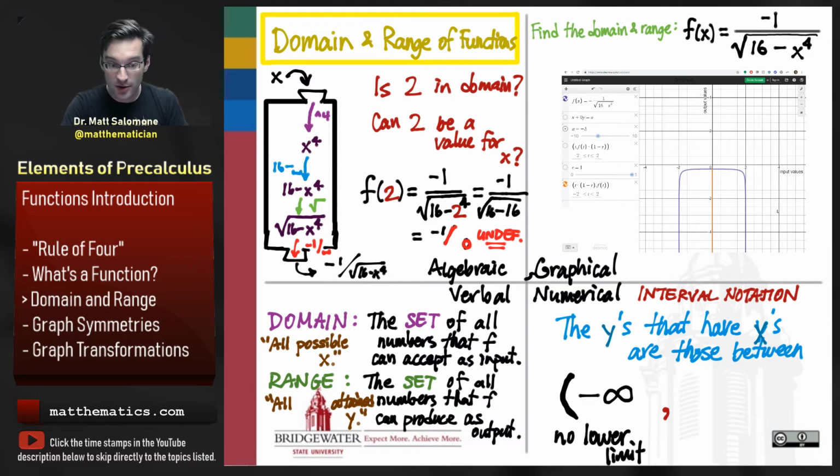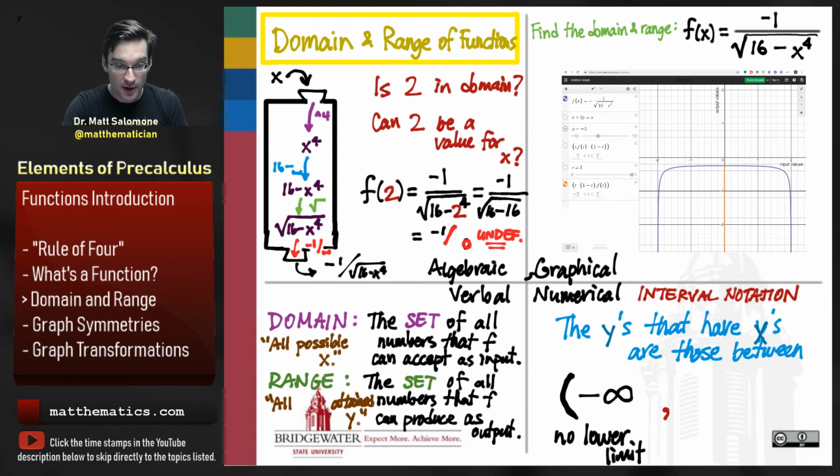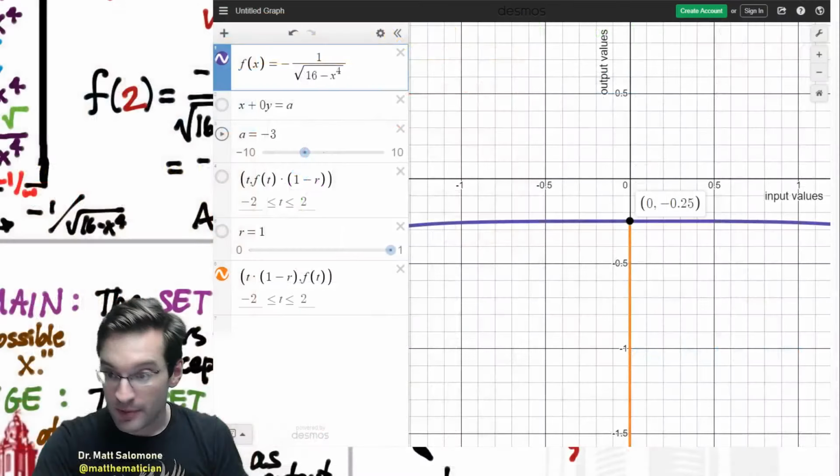But there does appear to be an upper limit. Let's zoom in. The more that I zoom in on this, hopefully the clearer the picture that starts to emerge here, that the value of y which is the largest value possible is that value that's taken when x is equal to 0. And, just going to zoom in on this for a second, that value that this function takes when x is equal to 0 is negative 0.25.